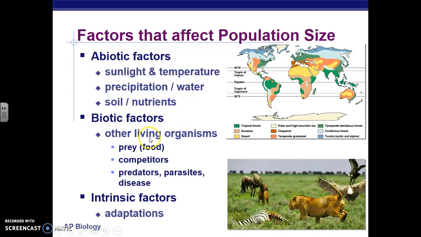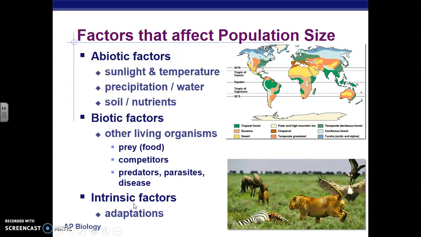This could be the availability of food, also known as prey, the competitors that are living in the environment, and also the presence of either predators that eat the organisms in the population, parasites that will feed off them, or the presence of disease. There are also intrinsic factors that control an organism's ability to either speed its growth or slow its growth. A lot of that has to do with adaptations, or the ability of an organism to adapt to its environment or to adapt to changes in the environment.